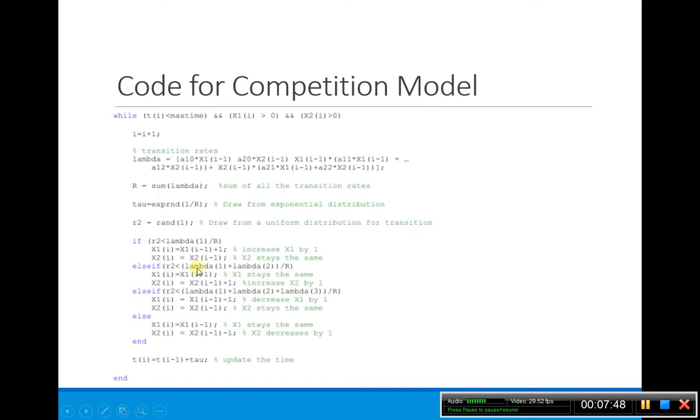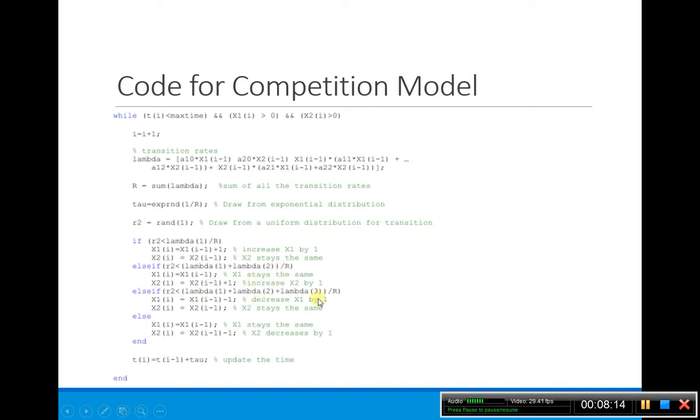So here we're going to take lambda 1 plus lambda 2. We want to look for R2 less than lambda 1 plus lambda 2 because the only way the next thing's going to happen is if R2 wasn't less than lambda 1, so it has to be less than these first 2. And then our second one will increase.